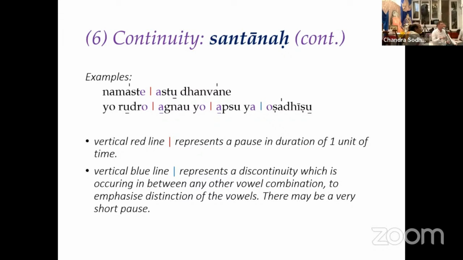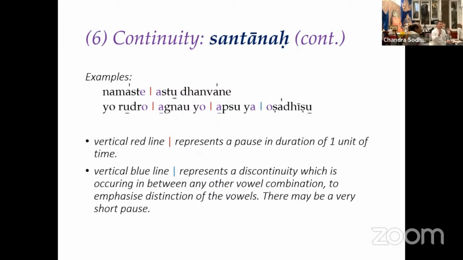Or yo rudro agnau yo apsu ya oshadhishu. Look at the last pause, denoted in blue. This is just a pause in between two vowels, ya and o, right? Only when we have dirgham followed by a hrasva vowel do we have this additional unit of time.